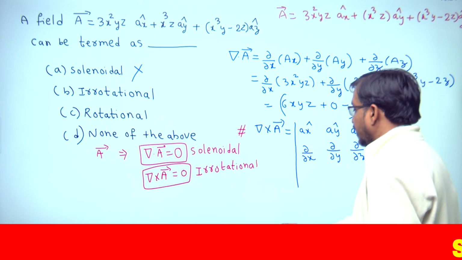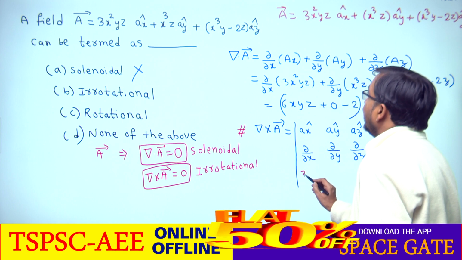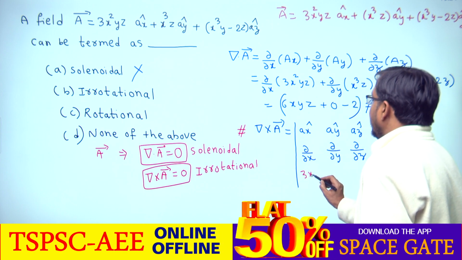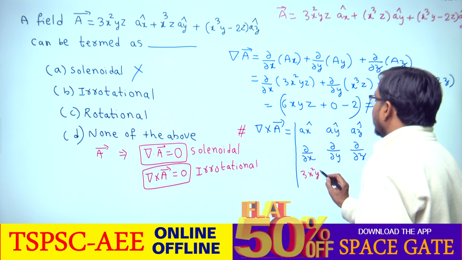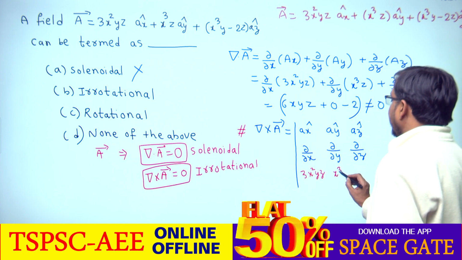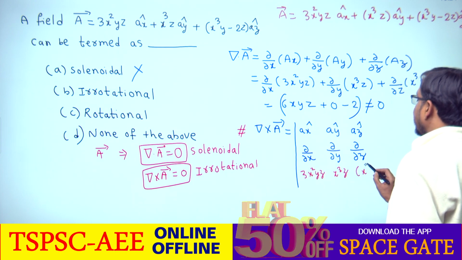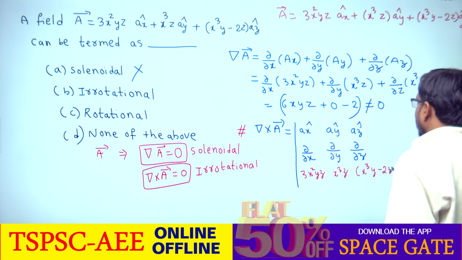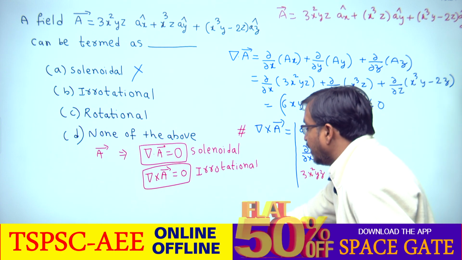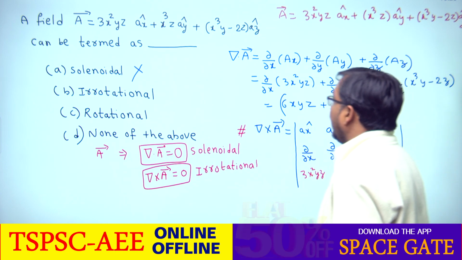Along the x direction I am writing 3x²yz, along the y direction x³z, and along the z direction x³y − 2z. These are the magnitudes of the given vector along the x, y and z directions.